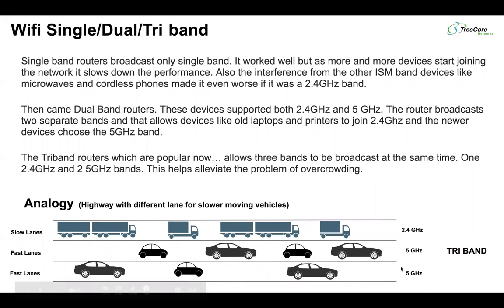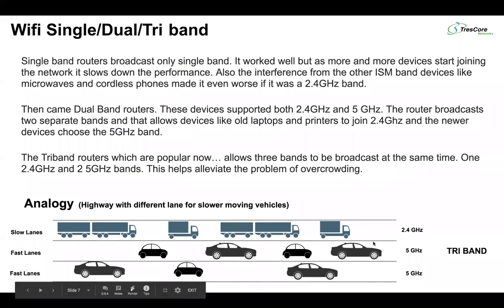In the olden days, homes had maybe 4 or 5 devices. Nowadays there are 20 or 30 devices in every home. So even if you had two bands, 5 gigahertz is the one that most devices are using, and that band will be crowded too.